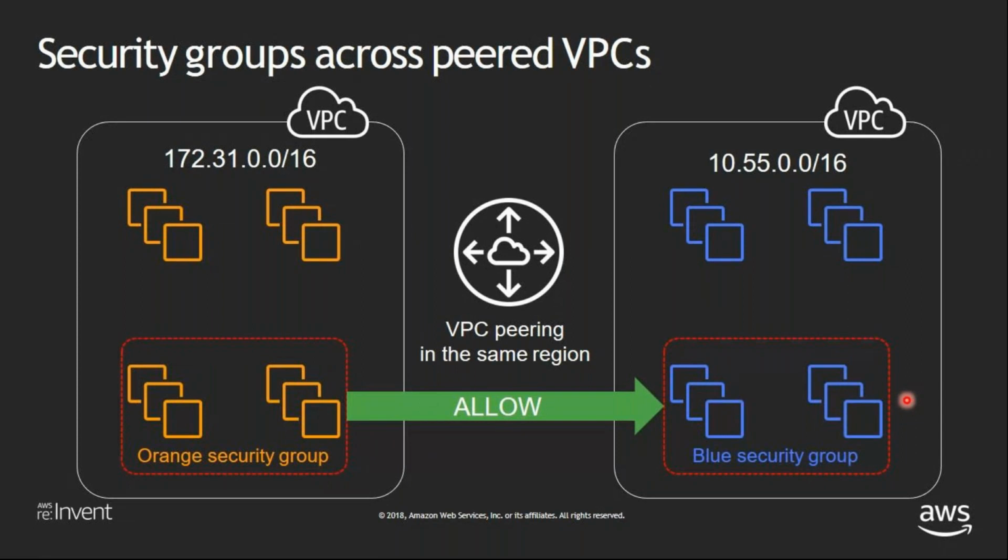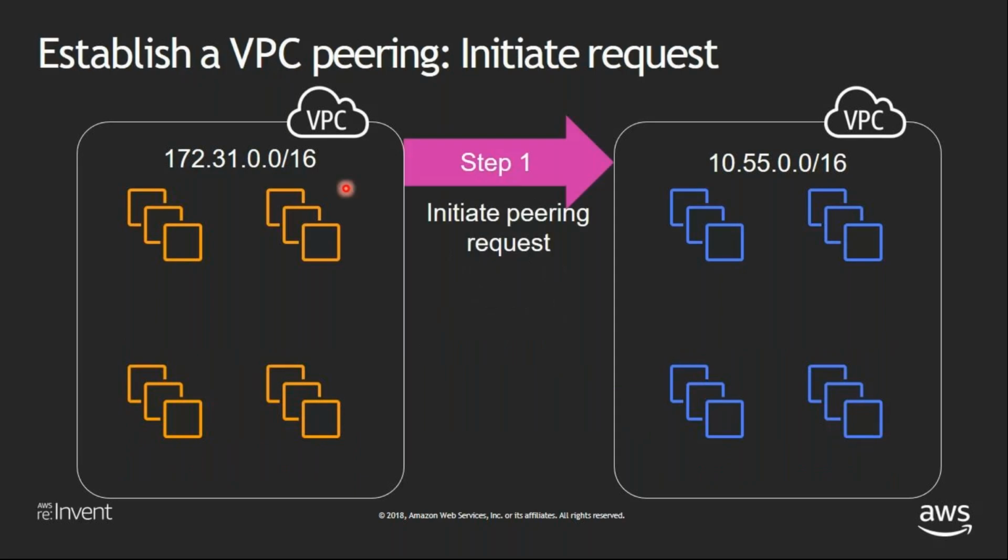So VPC peering in the same region. Establishing a VPC peering request: there are some settings which the earlier trainer configured. We have to send a VPC peering request from one CIDR to another.